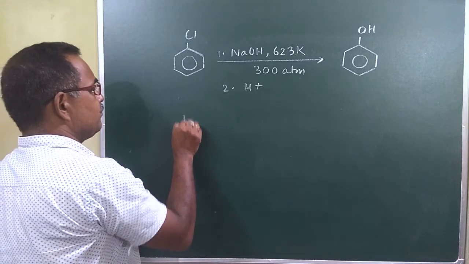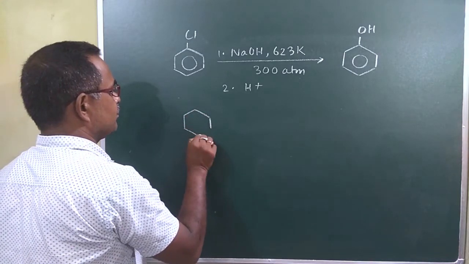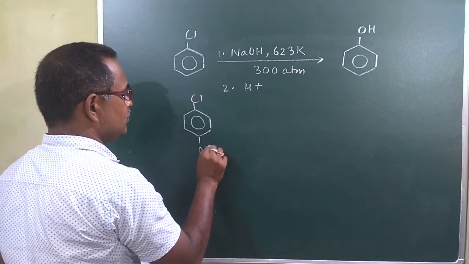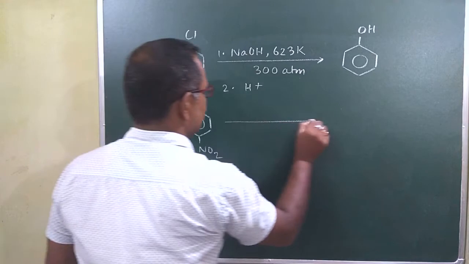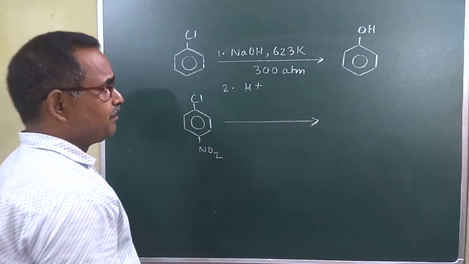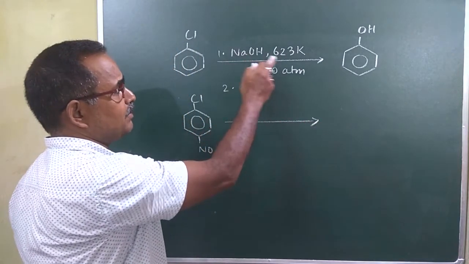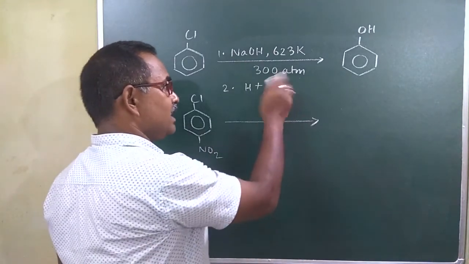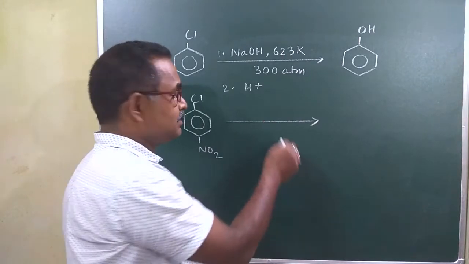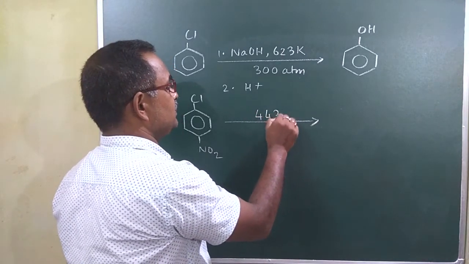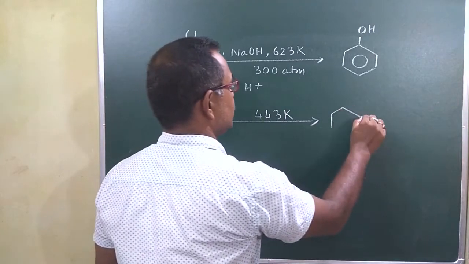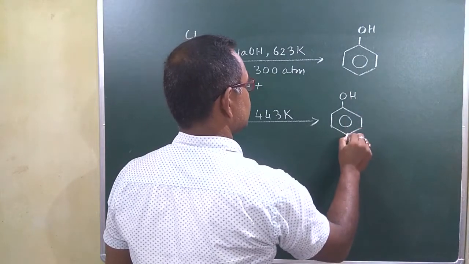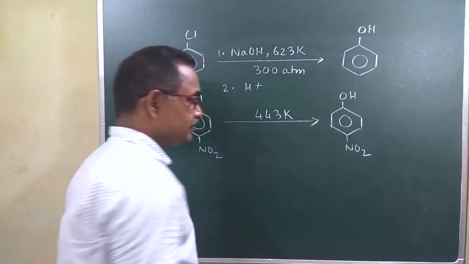Now consider para-nitrochlorobenzene. If we carry out the same reaction, treatment with sodium hydroxide followed by acidification, the reaction will occur at lower temperature. That temperature is 443 Kelvin. So what is seen?